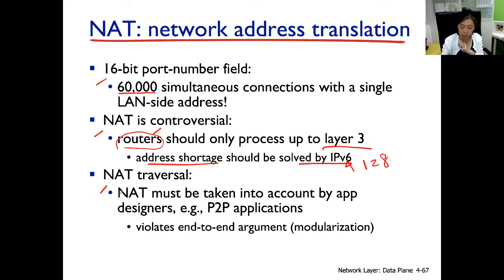And this is a serious problem for P2P protocol designers. In P2P protocols, a lot of the time we will try to establish connections from one user's host to another user's host. You and me being hosts, chances are high we are sitting behind a NAT box, a NAT router. So we'll have trouble calling directly to each other.